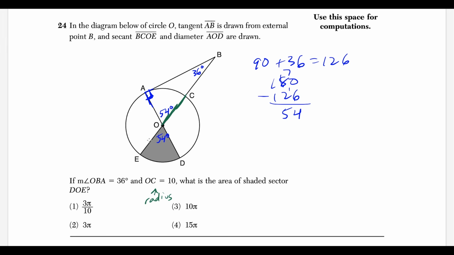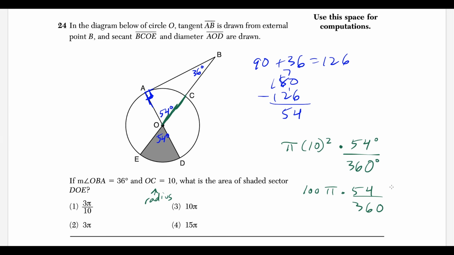So if we want to find the area of just this sector, what we're going to do is find the area of the whole circle. So we have pi times the radius squared. However, we have to just take a fraction of the circle, and we're taking a 54-degree slice out of the 360 degrees total. So now we just have to simplify this a bit. So the units will cancel out, but we'll have 100 pi times 54 over 360.